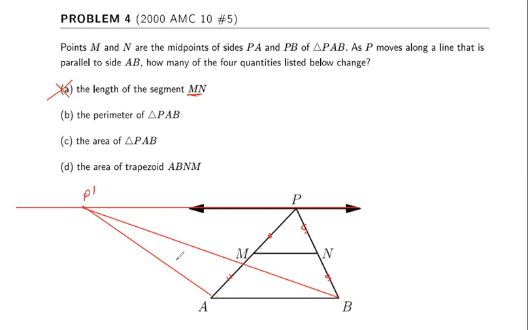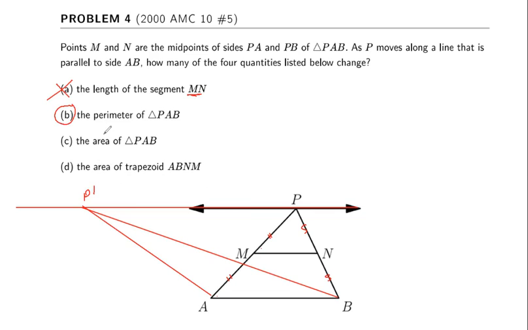As you see, this distance is way different from the other two, which is why the perimeter will actually change. It might be way bigger or a bit smaller, depending on where you drag point P.